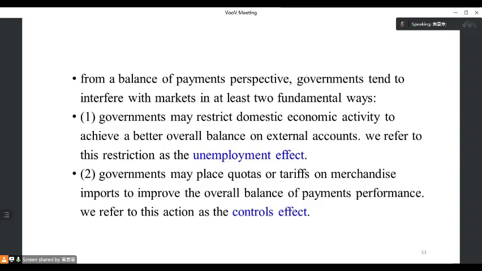One, government may restrict domestic economic activity to achieve better overall balance on external accounts. It means this country can restrict imports of goods or services.